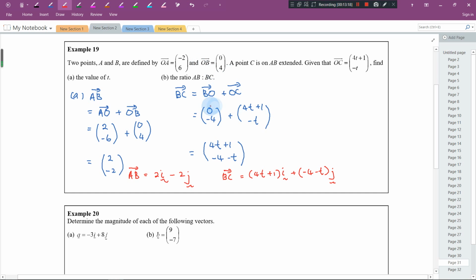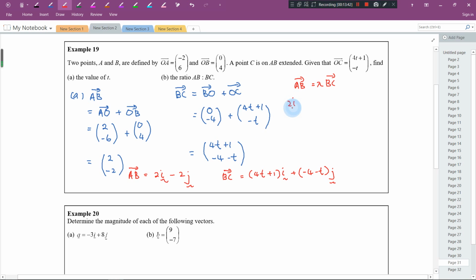Okay, now let's say they are collinear, so I know, let's say, okay, they are really collinear. Okay, AB is equal to lambda BC. Since they are collinear, I can write this way, right? If you want to write lambda, you can just write H or any alphabet. Okay, BC. Now AB is equal to this.